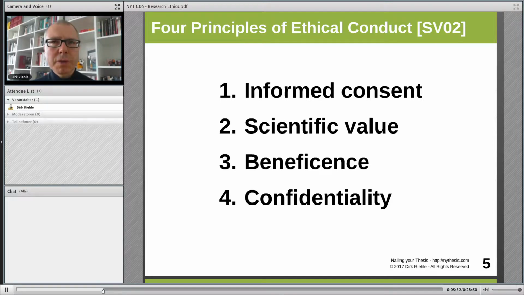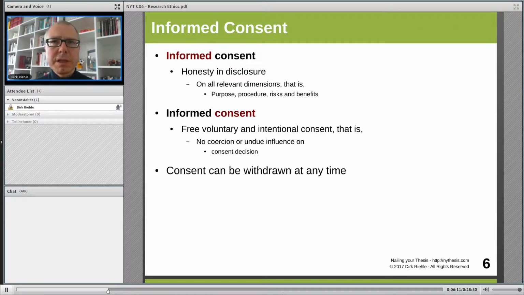Your research should be based on informed consent if there are human subjects involved. There should be recognizable scientific value, there should be sufficient beneficence, and you must maintain, again with human subjects, confidentiality of the data. In more detail, informed consent means 2 things.